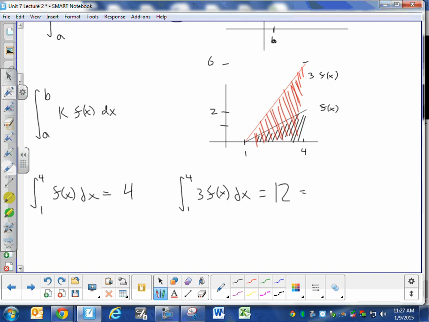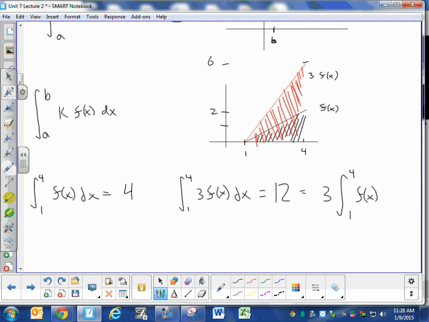Well, what's another way to figure out that area? Multiply your original area by the constant. It's just 3 times your original area.